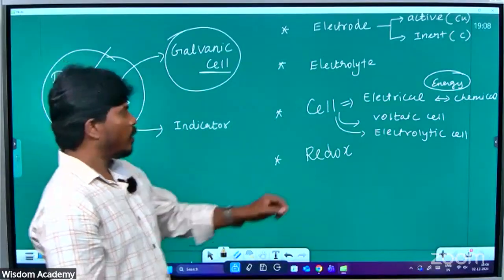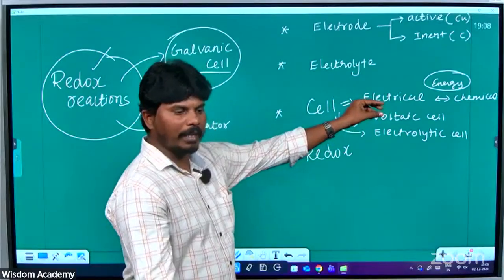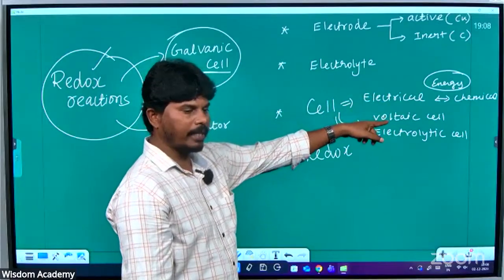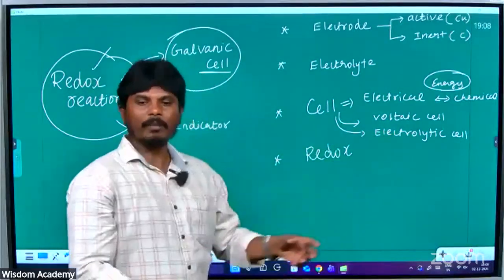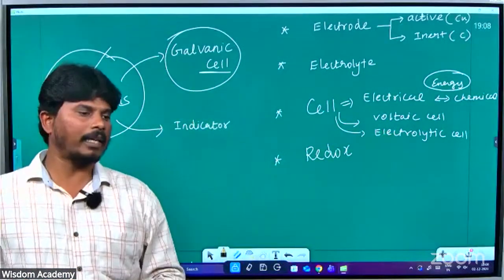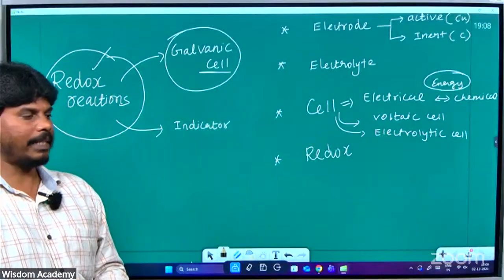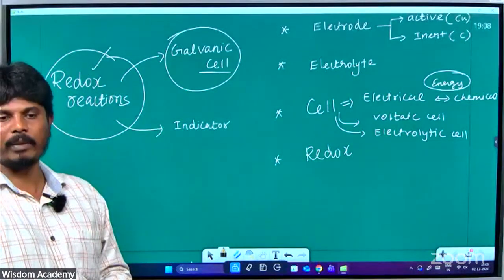So all the batteries we use now for current are based on the voltaic cell. But in an electrolytic cell, a chemical reaction occurs, for example, purification of metal.